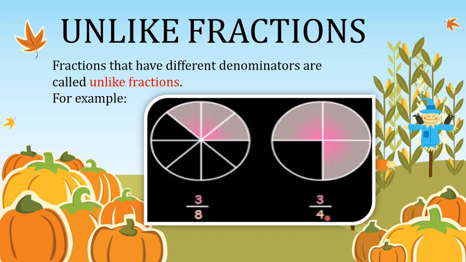Are they both the same? No. So when the denominators are not the same, when they are not like, then these kinds of fractions are known as unlike fractions, where the denominators are not the same.